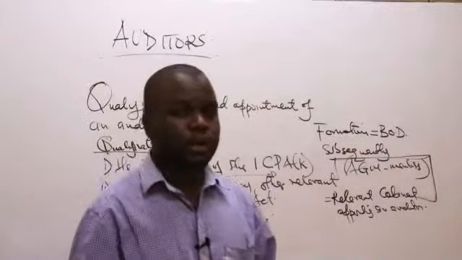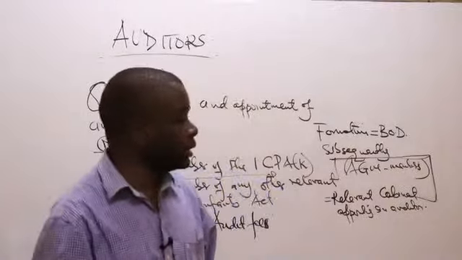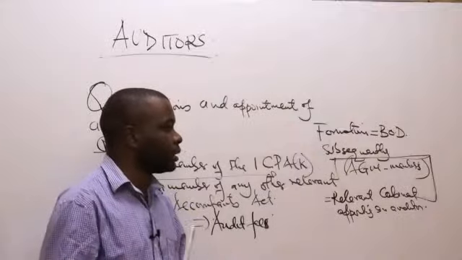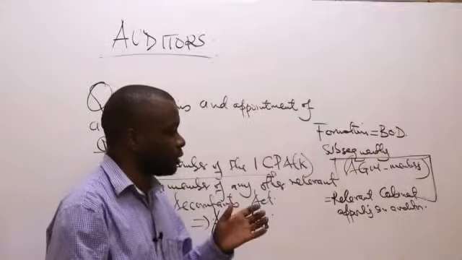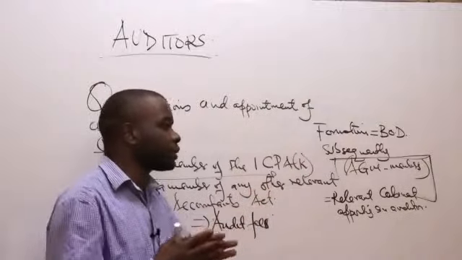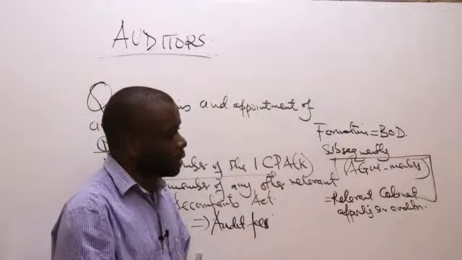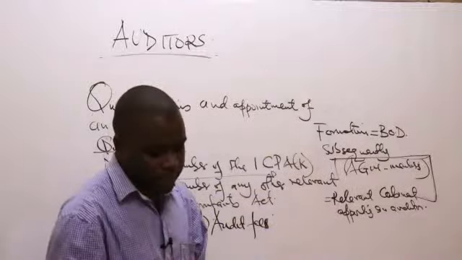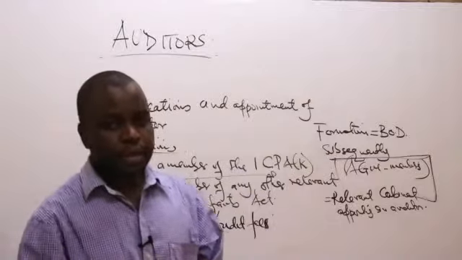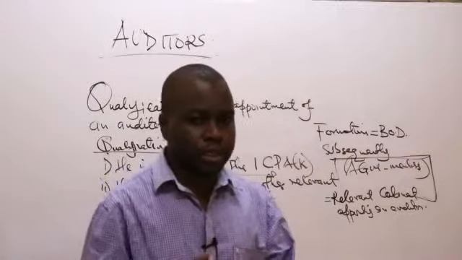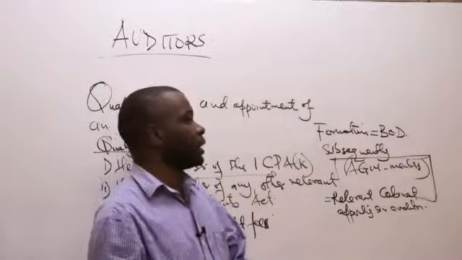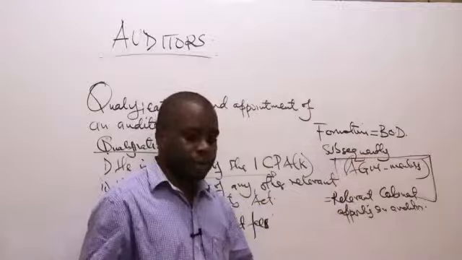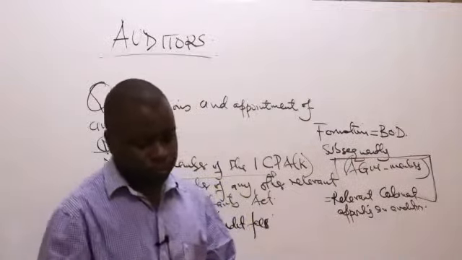Remember, the casual vacancy arose before the first AGM. So the directors are the ones who will appoint the auditor to serve until the end of the first AGM. It will be filled by the directors of the company.